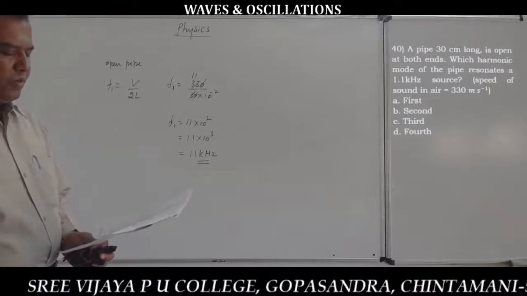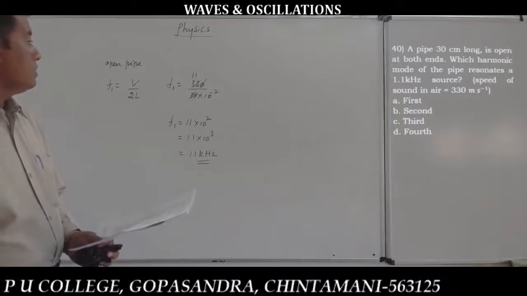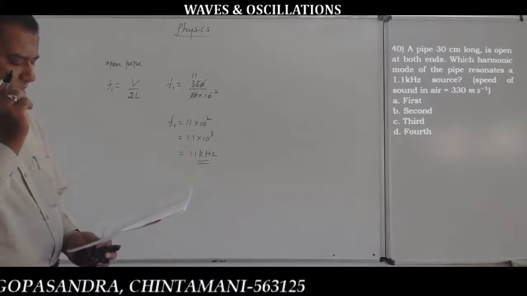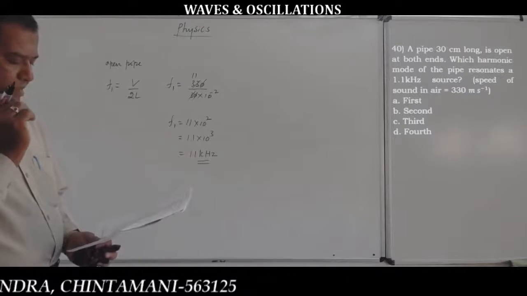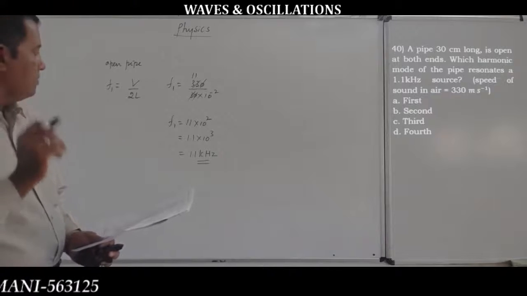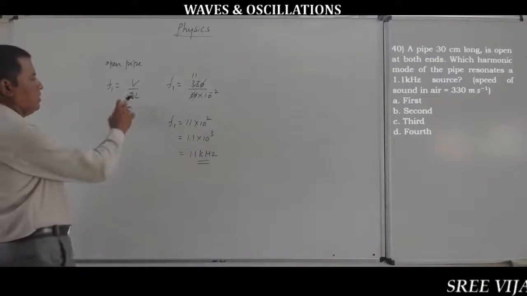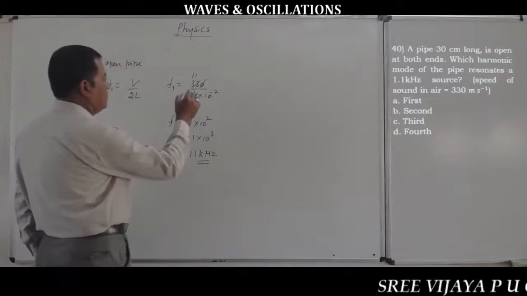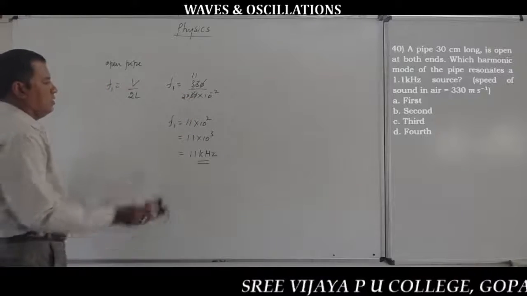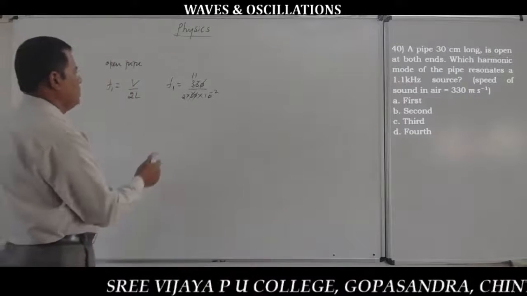So now you are supposed to find which harmonic mode resonates at 1.1 kilohertz. Sorry, I had left out the 2 here. So this is taken as 2 times. So you get the value as 11 by 2.